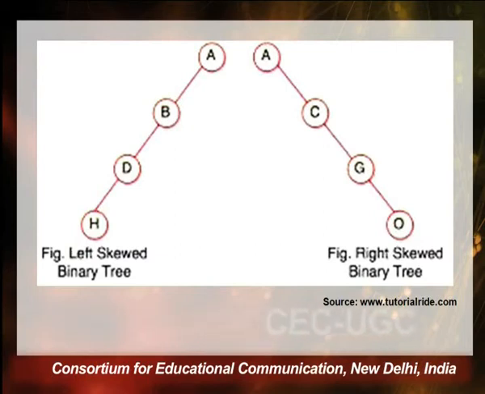This skewed binary tree is a 4 node binary tree in which each and every node is on the right branch of another.